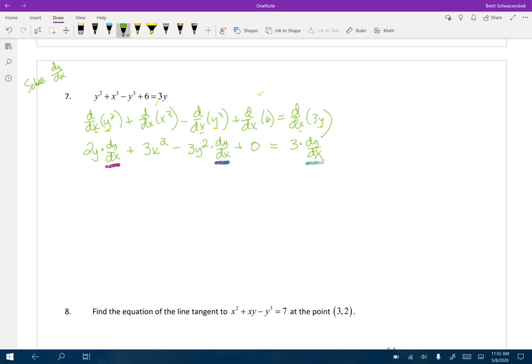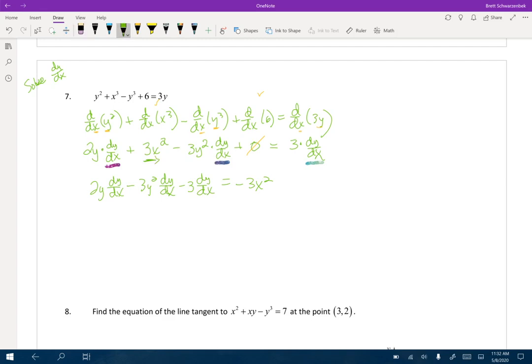We already know that we have this guy on this side. I'm going to bring the 3y squared next to this guy, and then I'm going to subtract this over here, minus 3 dy dx. Then, this guy is not important over here. This guy's gone. I'm going to subtract the 3x squared over to the other side, right? 3y squared. So, hopefully everybody's fine with that. I did all the algebra in one step.